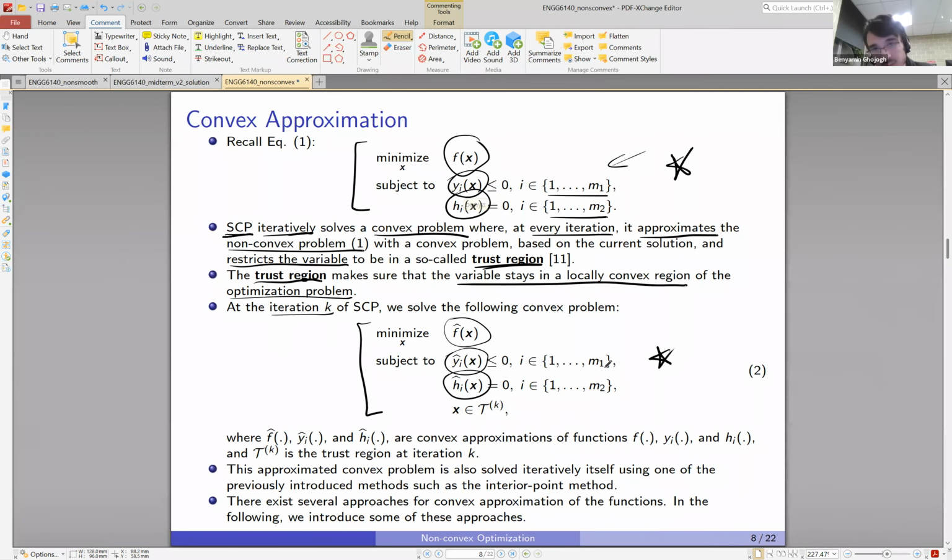So we do it for all of the constraints and the cost function. We have convex approximations of them, and we'll see how we can do the convex approximation.